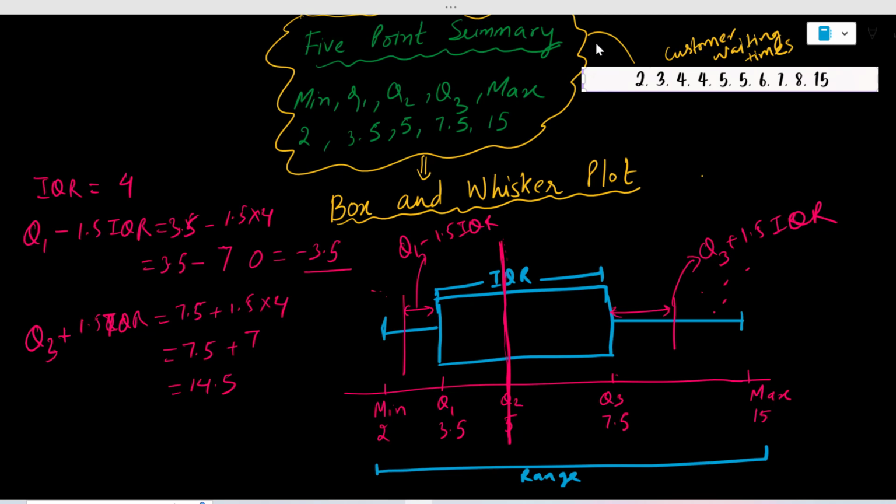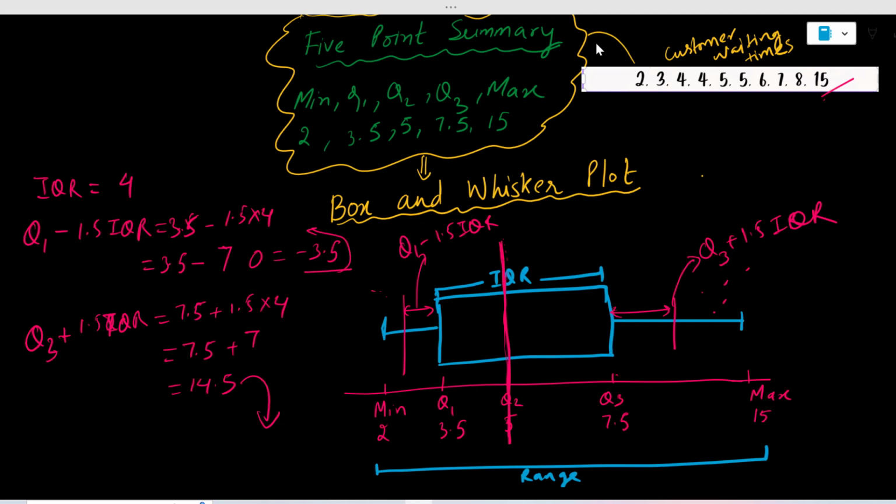Now any data point which has value below minus 3.5 or above 14.5 is an outlier. So going by this, is 15 an outlier? Yes, it is an outlier, but again it depends on our discretion whether we want to include it or not finally.